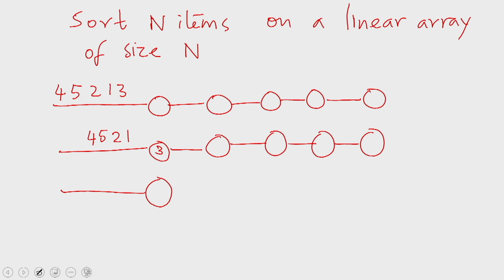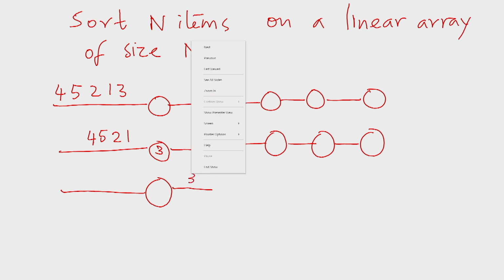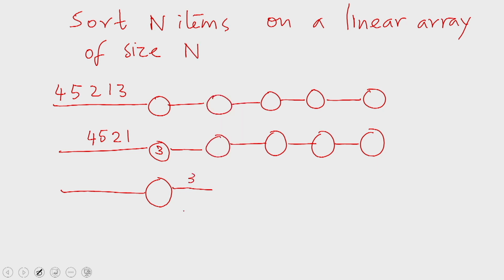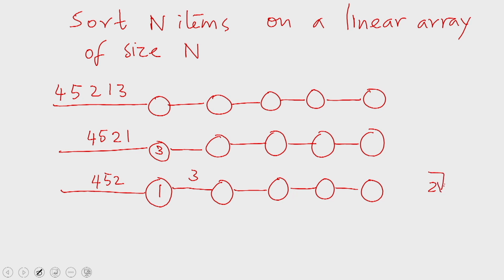It finds that 1 is less than 3, therefore, it will send 3 out as a message onto its right neighbor, and the incoming value 1 will be stored instead. The other processors continue to be empty.